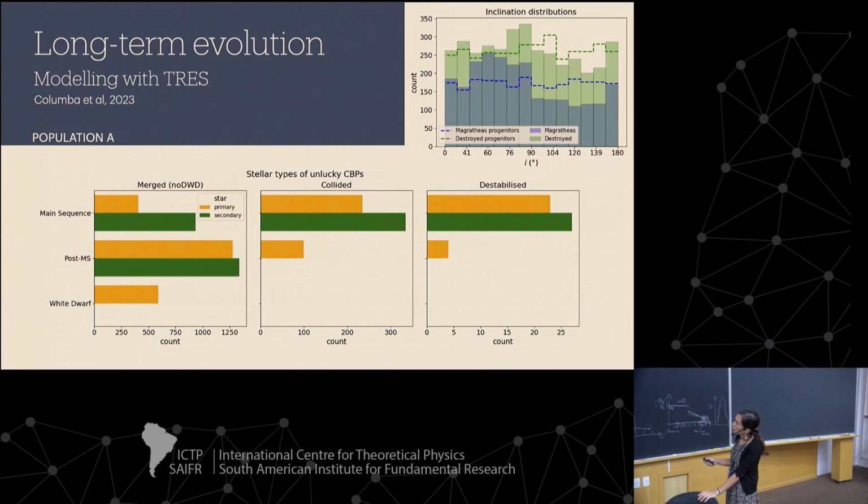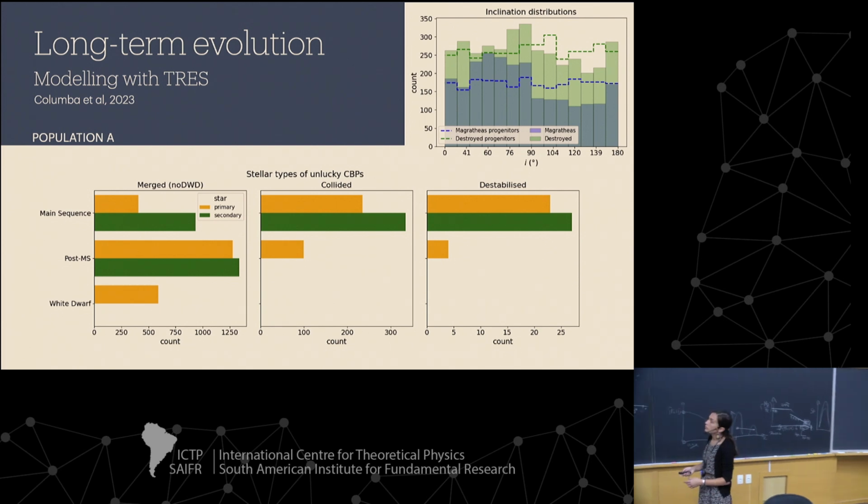Apart from the merge happening just after the post-main sequence, most of the other destruction happened in the main sequence phase. So this is the count of the systems where something happened during the main sequence stage.